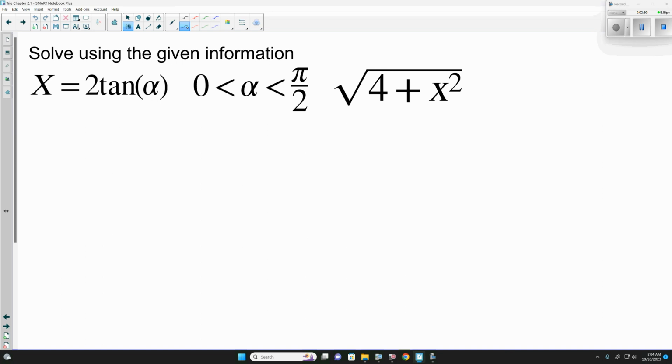Okay. So what we want to do here is solve using the given information. We're told that x is equal to 2 tangent of alpha, and alpha is between 0 and pi over 2. We want to find out what the square root of 4 plus x squared is, and simplify if possible. We're going to replace x with what we're told it's equal to, 2 tangent of alpha.